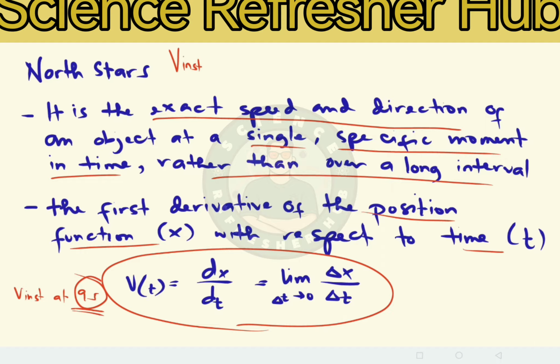By the way, when you get the instantaneous velocity, always remember that it's the first derivative of the position function with respect to time. It's the first derivative. Okay? If you have a position function, get the first derivative, and that will be the instantaneous velocity. Okay, so as I said, there is a shortcut to get the derivative of the position function with respect to time.